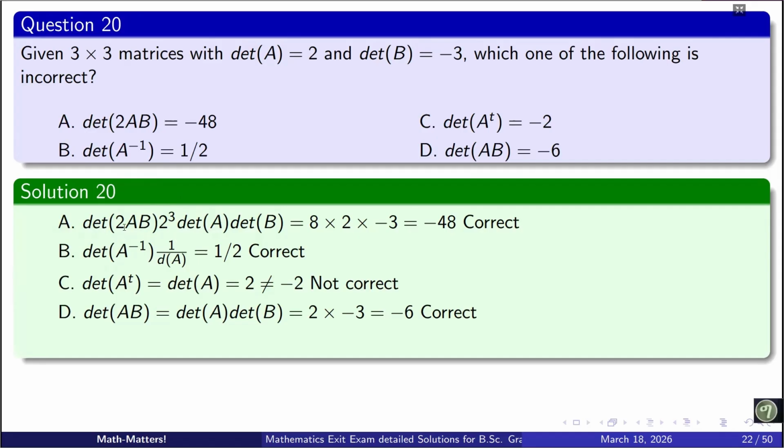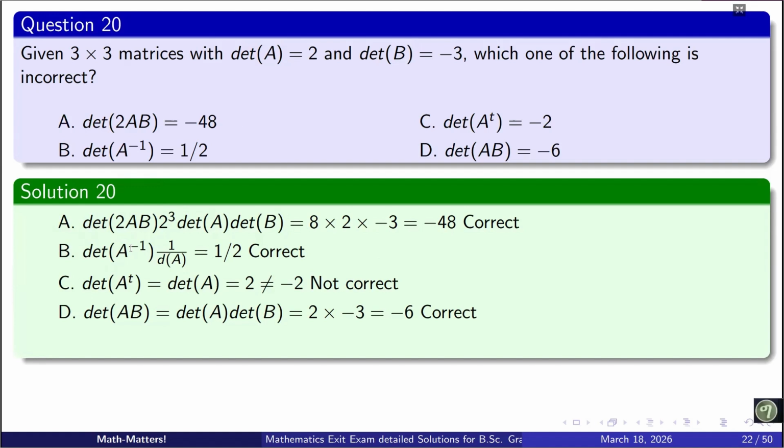So in this case, the determinant of twice of AB is equal to 2 cubed times the determinant of A times the determinant of B. 2 to the power of 3 is 8, the determinant of A is 2, the determinant of B is minus 3, so this is minus 48, which is correct. But we are asked just to select the incorrect one.